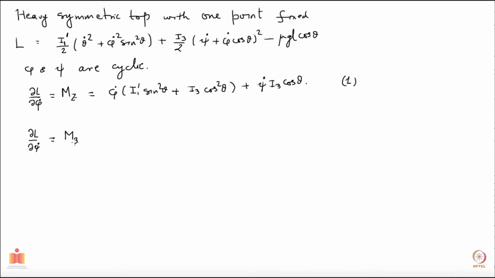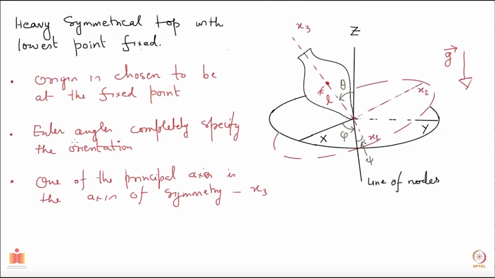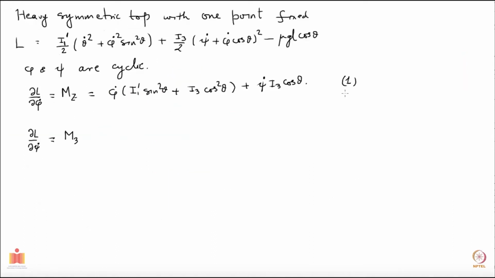So we remember we are denoting by 1, 2, and 3 these coordinates x1, x2, and x3, and by capital X, Y, and Z the fixed coordinates, and that's why I'm putting a 3. Here I have used the fact that the conjugate momentum corresponding to this rotation is angular momentum. So that's your M3.